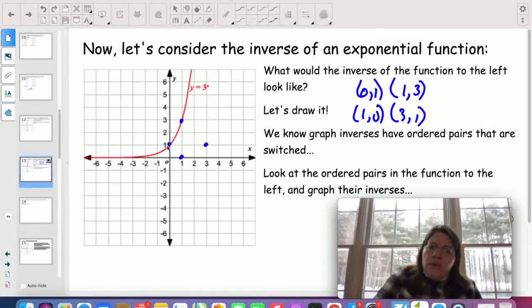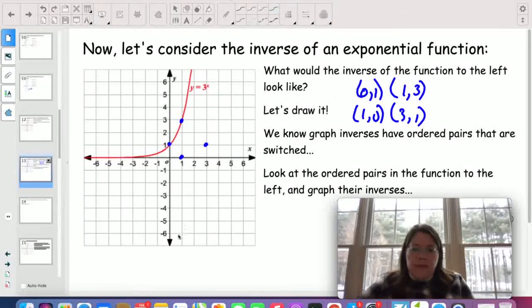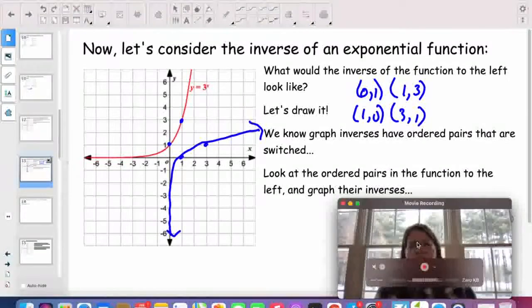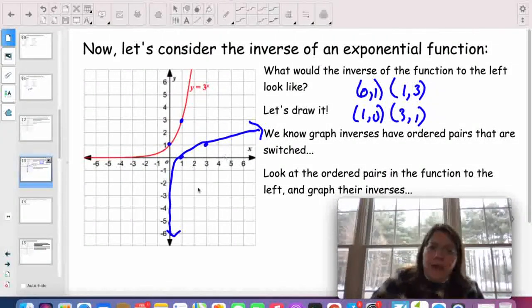So instead of hugging the x-axis like this one did, this one is going to be the inverse. It's going to hug the y-axis, getting closer and closer to the y-axis. So if I draw what this graph would look like, it's going to look something like this. That's certainly not perfect because I drew it by hand and not on a computer, but you can hopefully see that if I take the y equals x line and fold this graph across it, these two graphs would lie on top of each other. They are, in fact, inverses of each other.